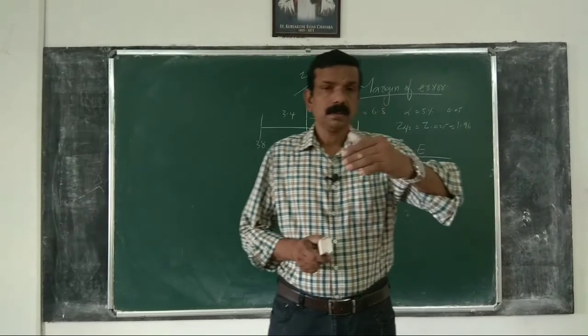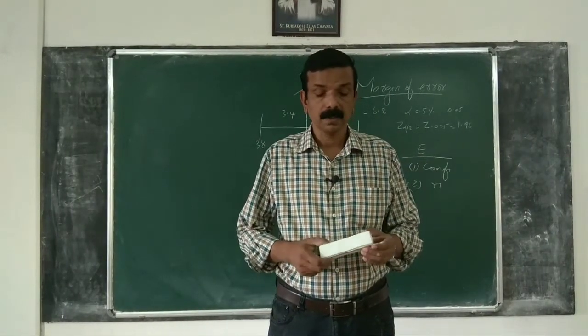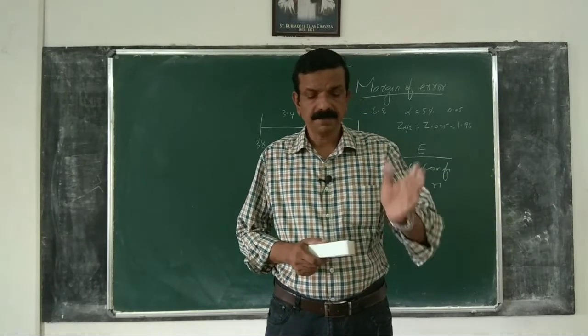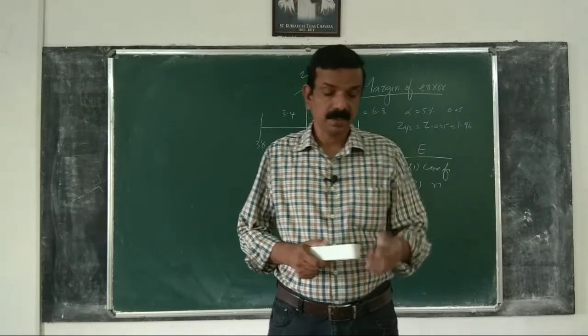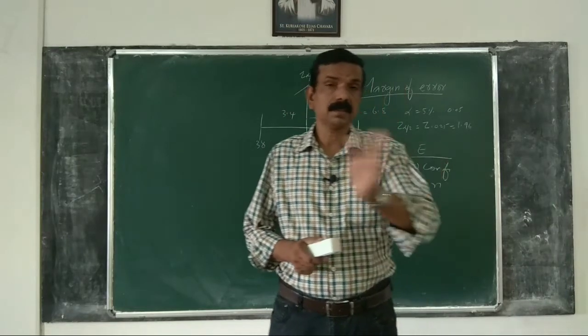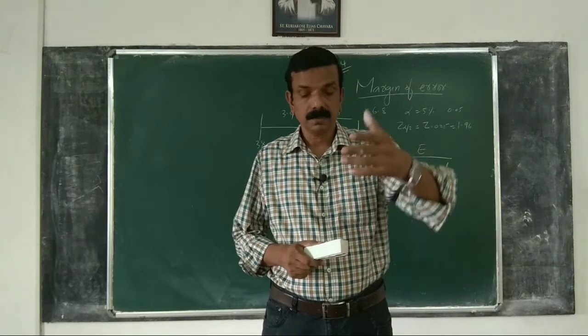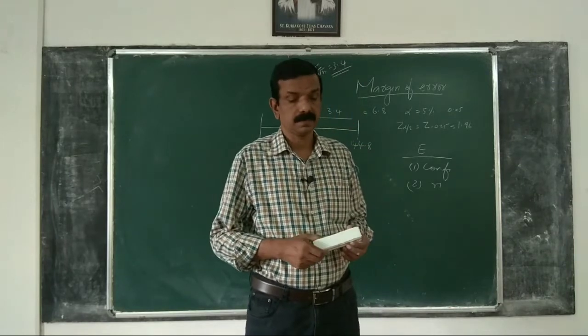Now let us see what is the relation between confidence and accuracy. It can be stated as: for a fixed sample size, decreasing the confidence level decreases the margin of error and hence improves the accuracy of the confidence interval estimate.